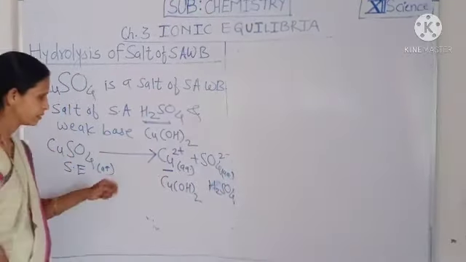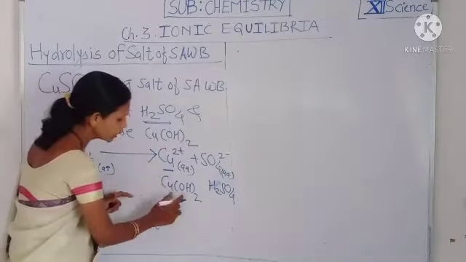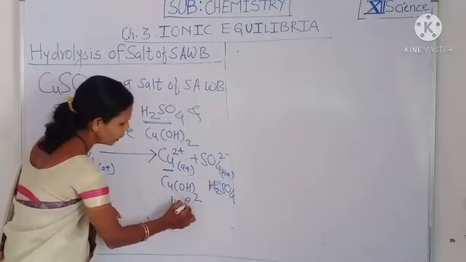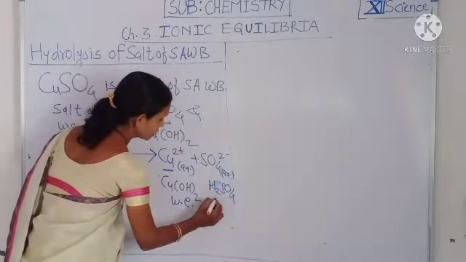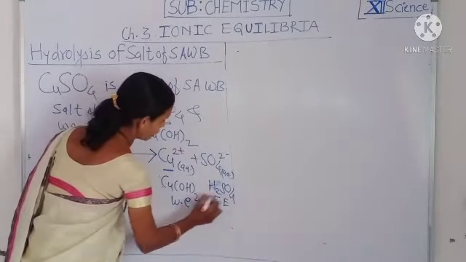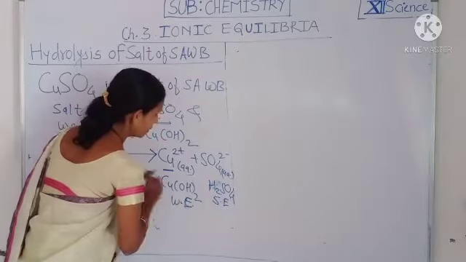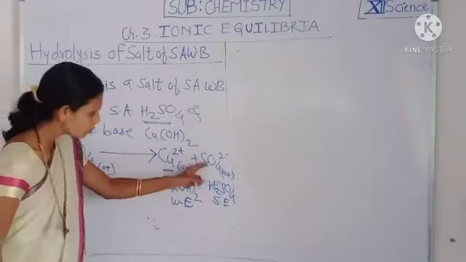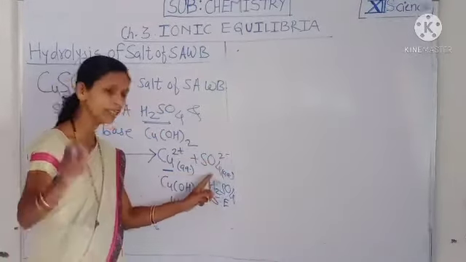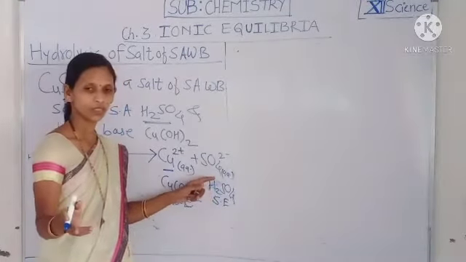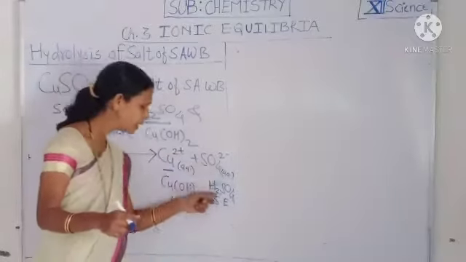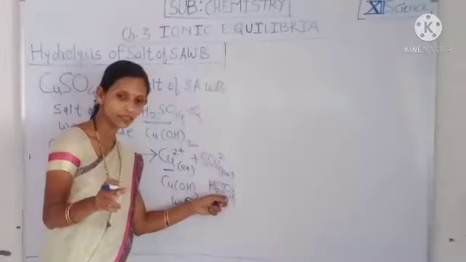Then see here, Cu(OH)2 is a weak electrolyte, but H2SO4 is a strong electrolyte. Therefore, when SO4 2- interacts with H+ ion of water, it gives a strong acid.